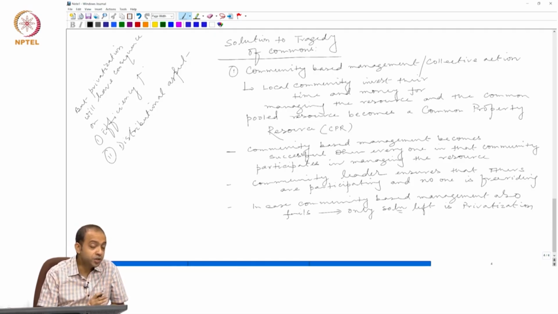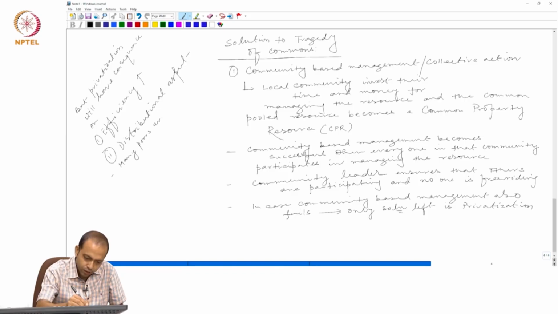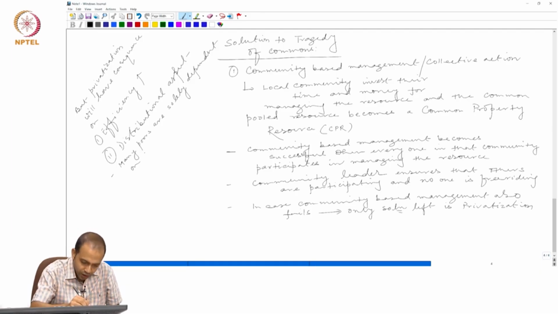But if we think about the distributional aspect, what will happen? Many poor are solely dependent on the common property resource or common pool resource, whatever.